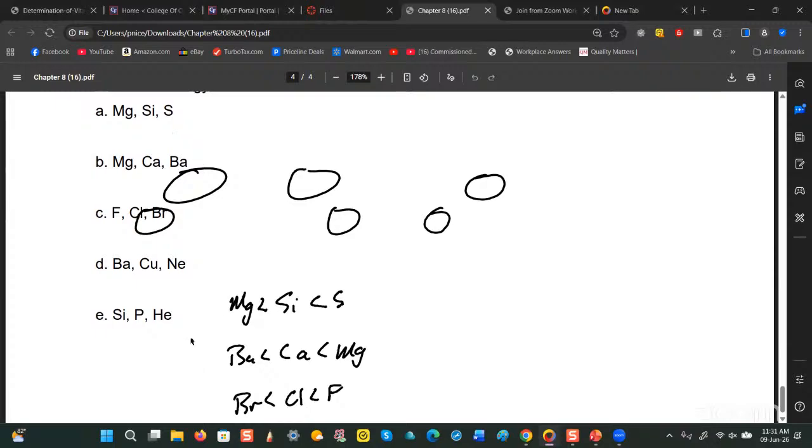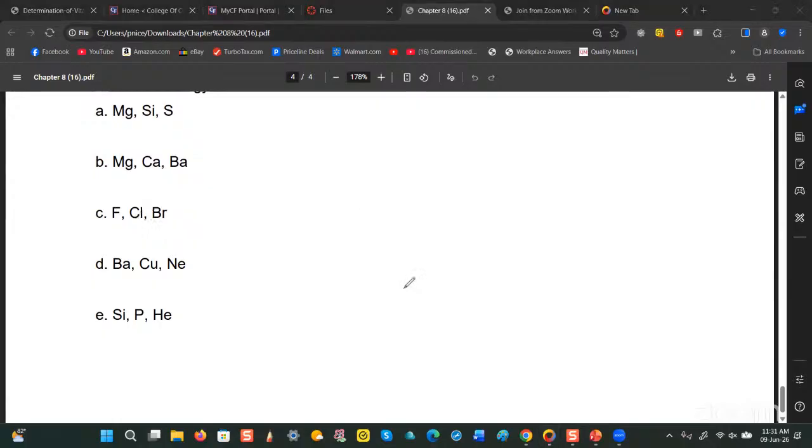And then silicon, phosphorus, and helium. Let me just clear this here. Okay, so silicon, where's silicon? Silicon is there. Phosphorus is next to it, and helium is up at the top right corner. Okay, so these three, you're going from lowest to highest, right?